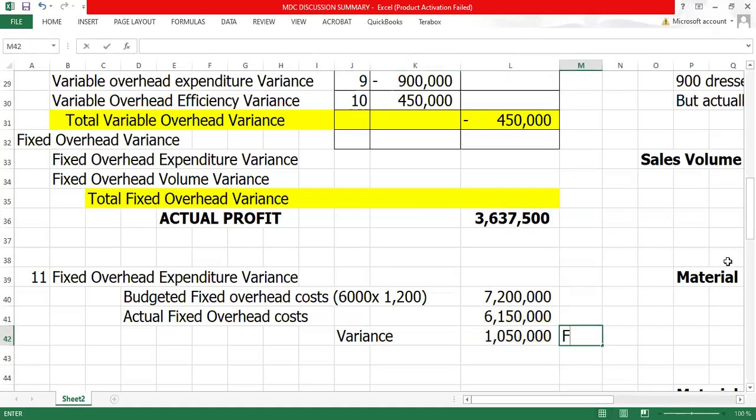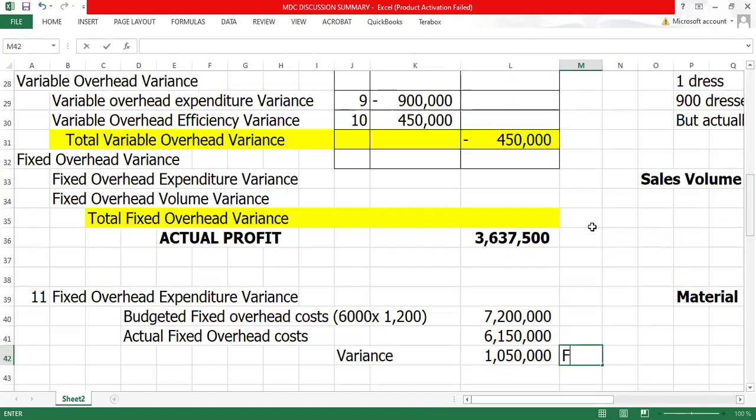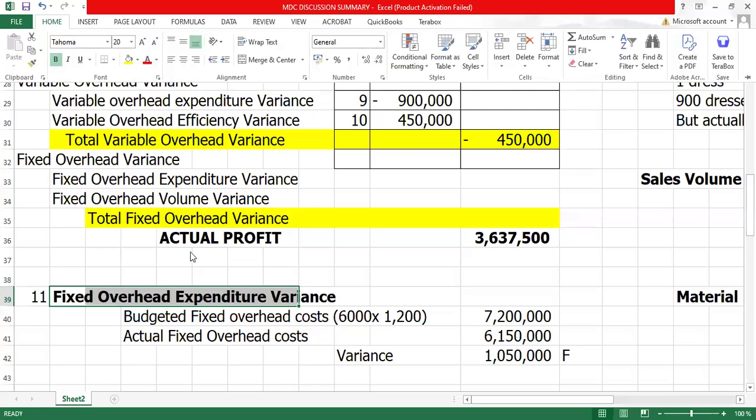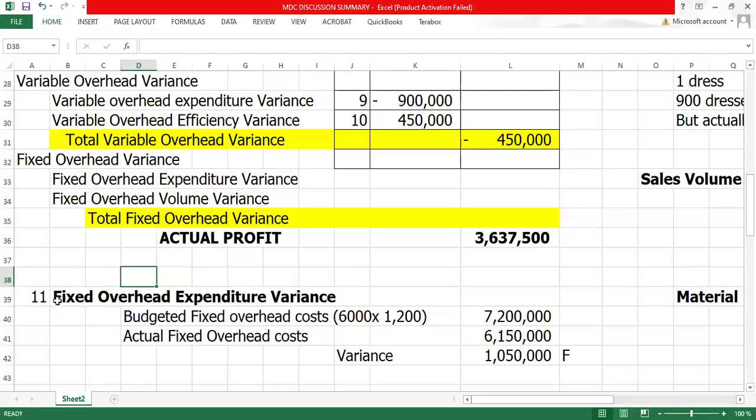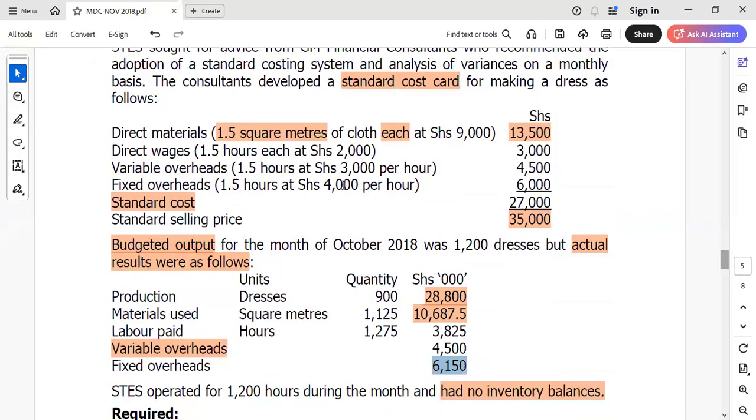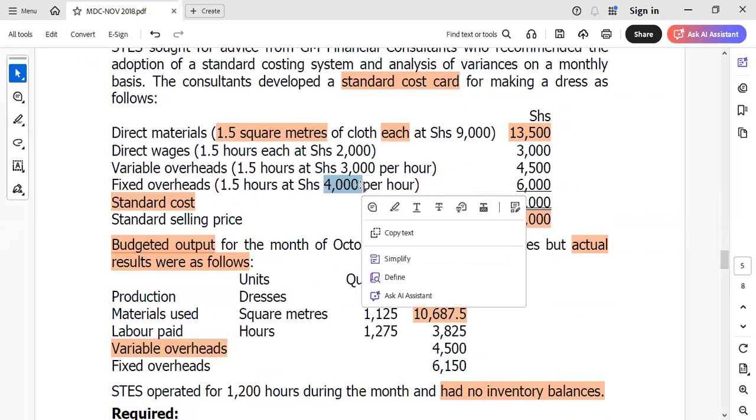Those ones, leave. For this one, don't waste time. You use this approach. I'm giving you a shortcut. You're not going to be looking at one hour costing this 4,000 and then converting.